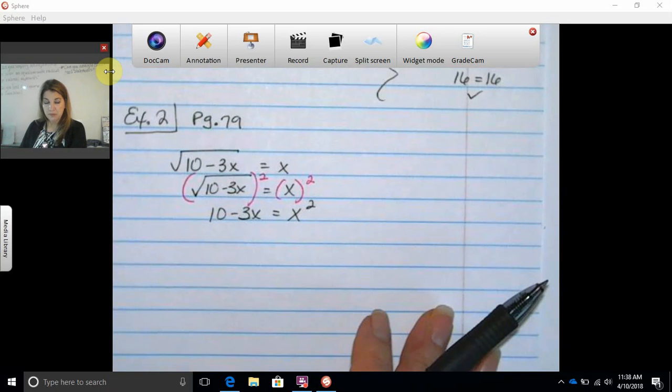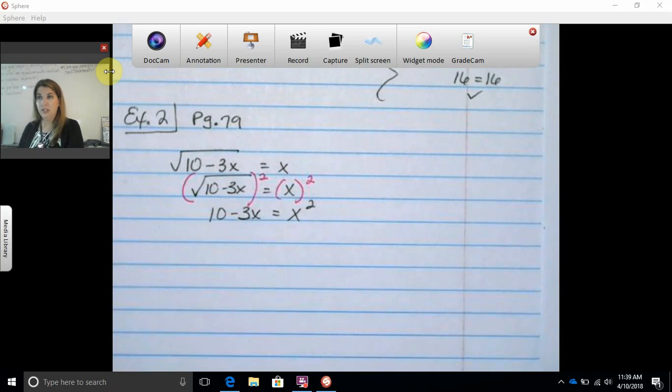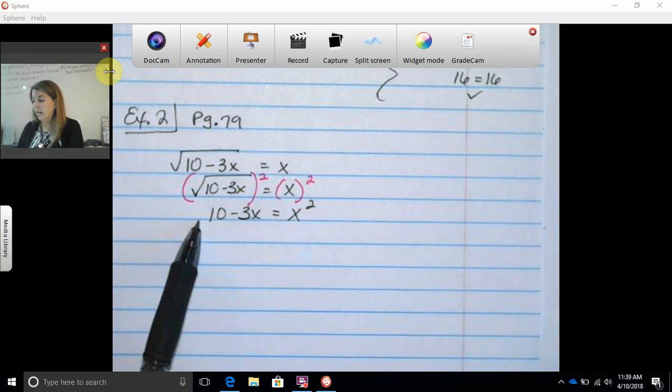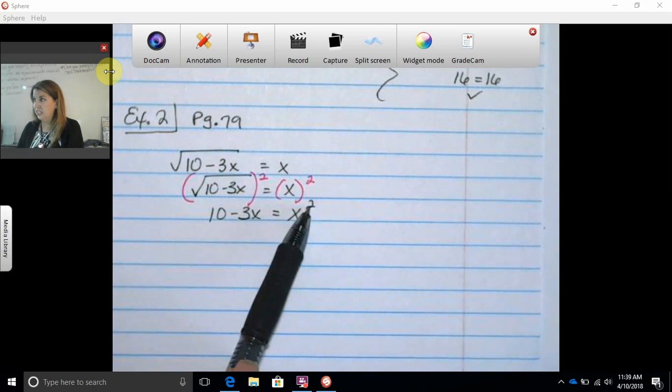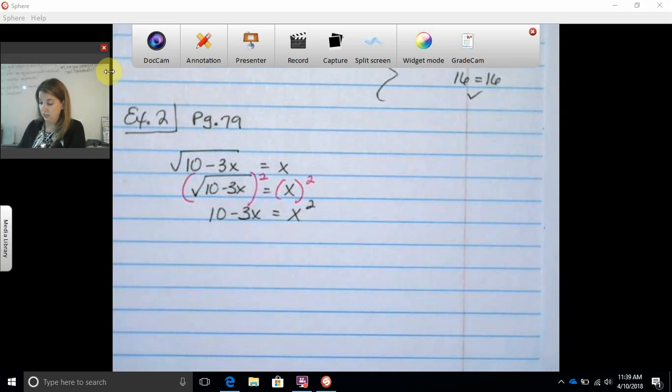What are we going to do next? So you're going to subtract the x squared and then solve it by factoring? We're going to try to factor or quadratic formula or complete the square. Yeah. But I wouldn't subtract x squared because if I do, this is my highest degree, so it's going to be my leading term, and you always want your leading term to be positive. So instead of doing that, I'll just move the negative 3x over and the 10 over. Okay? But yes, you're on the right track.